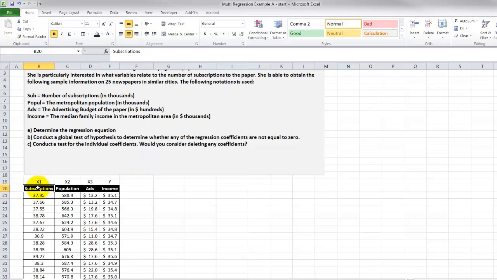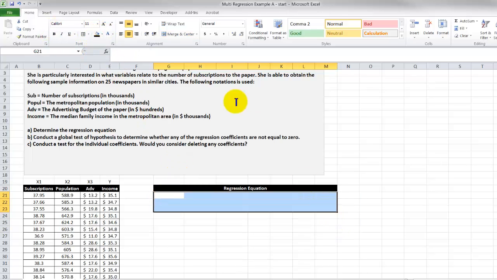So we would say that all of these are independent attributes where income is our dependent. Okay, so let's determine the regression equation first. And I'm going to provide some space here for this, as well as some formatting.